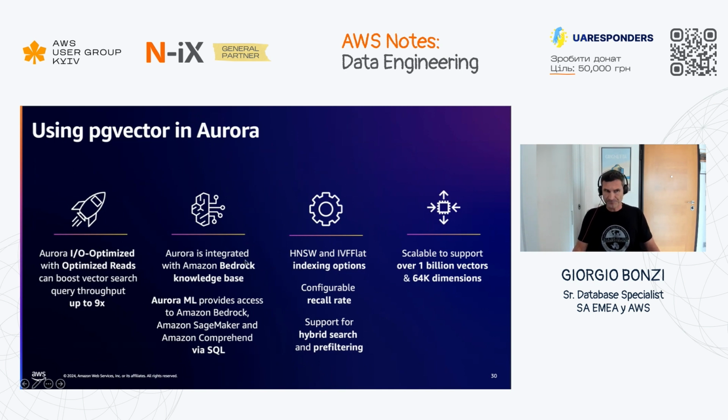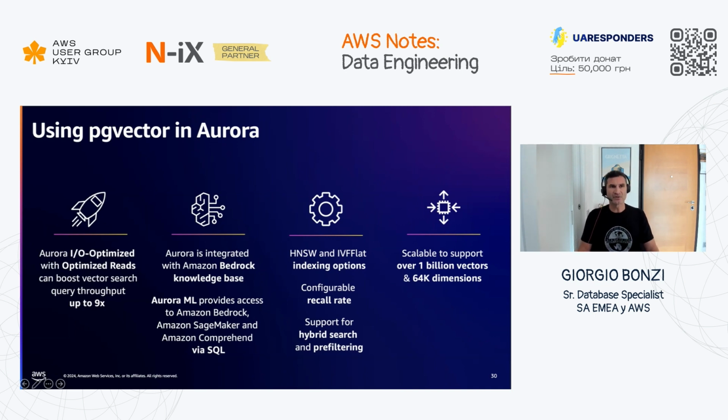The second feature is the compatibility with Amazon Bedrock. We have already seen with Tony how Amazon Bedrock Knowledge Bases also supports Amazon Aurora as a vector data store. And in addition, you can also access the foundation models available through Amazon Bedrock directly from your SQL code, leveraging the aws_ml extension.